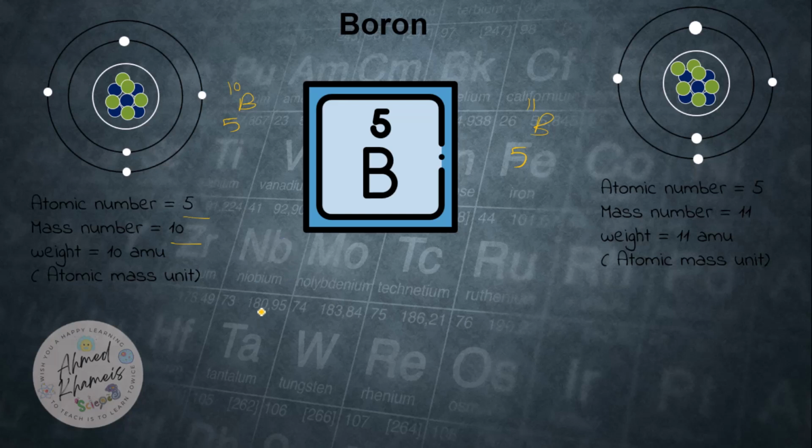Boron 10 only exists by 20%, and boron 11 exists by 80%. So we include those in our calculation, and it will be 10.8 atomic mass units.